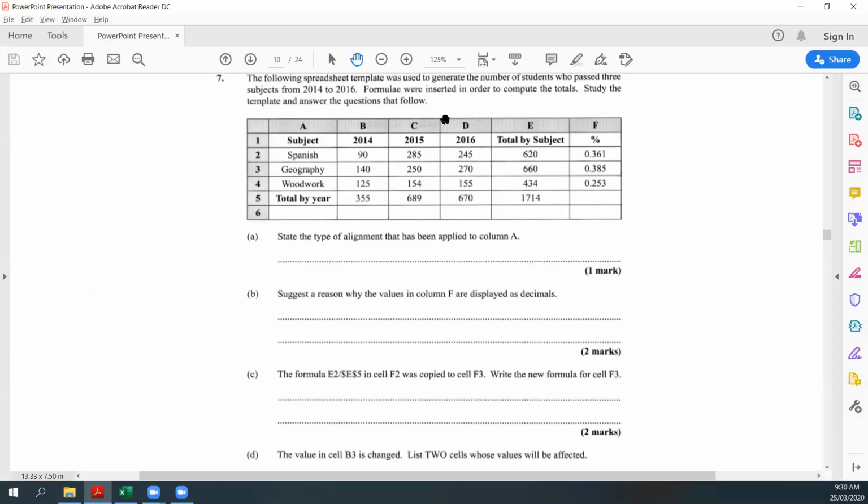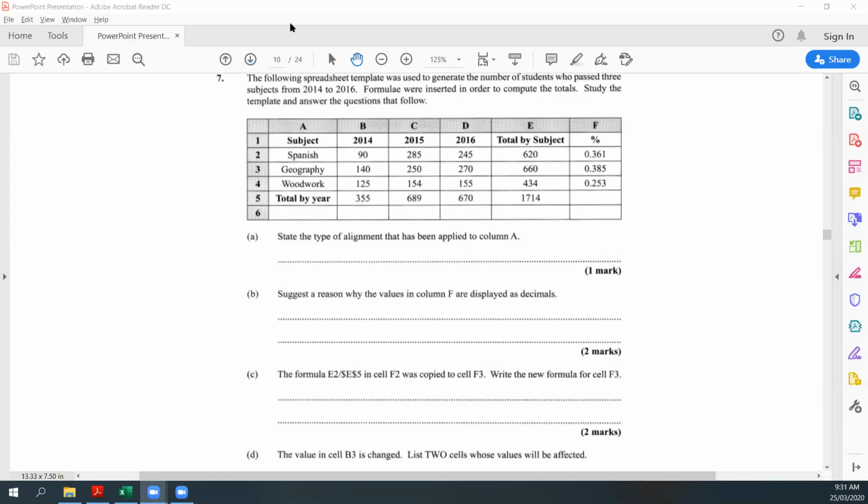The second part of the question: suggest a reason why the values in column F are displayed as decimal. Anyone have suggestions for this?